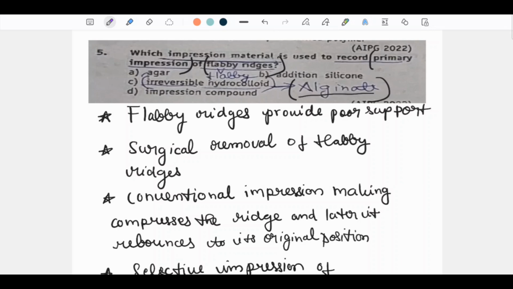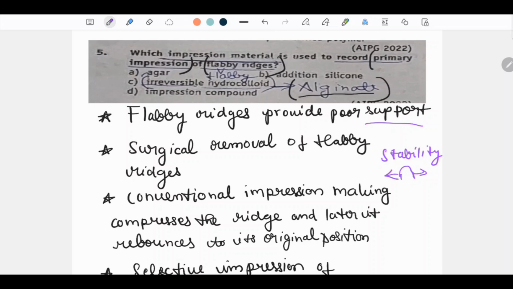Support means you have to understand that stability is the sidewards stability of the denture. Let's consider this is a denture, a mandibular denture.